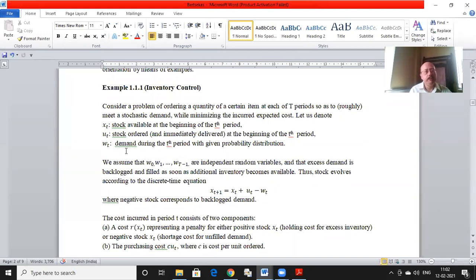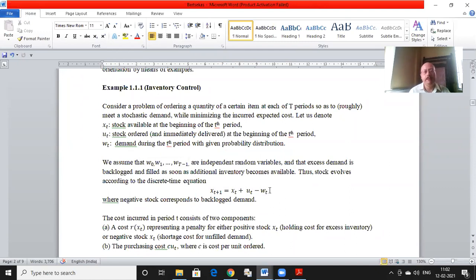So what will happen to my stock? I already had something from before. I will order something in addition. This is in my control, but people are going to take things from me, and that quantity is not in my control, and that I consider as a random quantity.